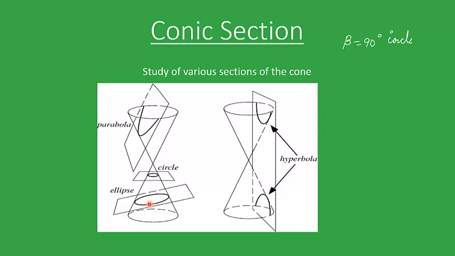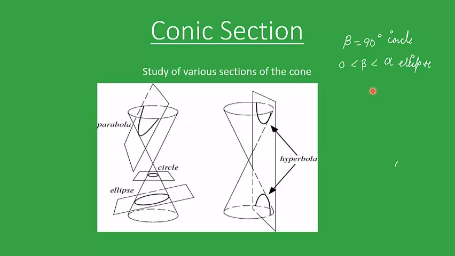It makes a certain angle with the axis. If beta lies between alpha and 90 degrees, we obtain an ellipse. It's not parallel to the generator line; it makes a greater angle than this generator line. So we obtain an ellipse here.